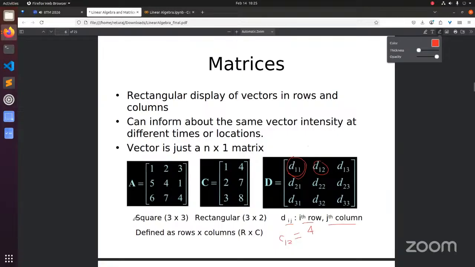Now similarly, what is the value of A33? 4, sir. Okay. So people are able to see, right? Whenever you see this number Dij, you read I starting from here and J starting from here.